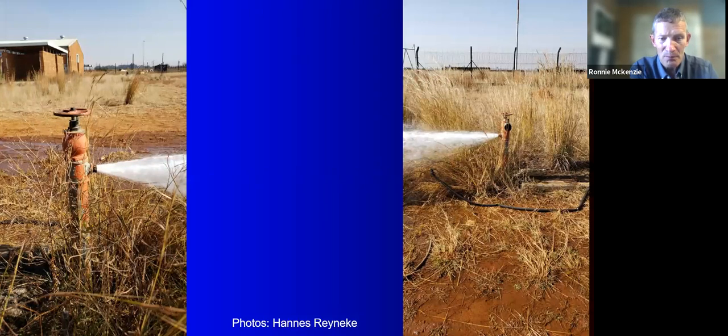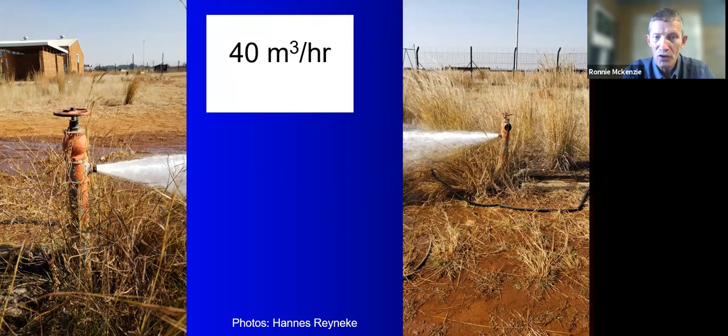This was on a depot that we were working at, and it was a fire hydrant, and someone had stolen a small cap that was on the side of the fire hydrant that would be used for pressure tappings. And this thing ran at about 40 cubic meters per hour.